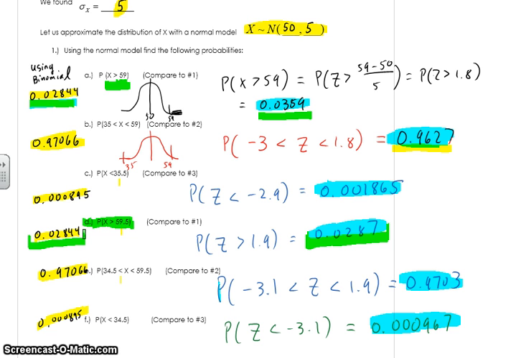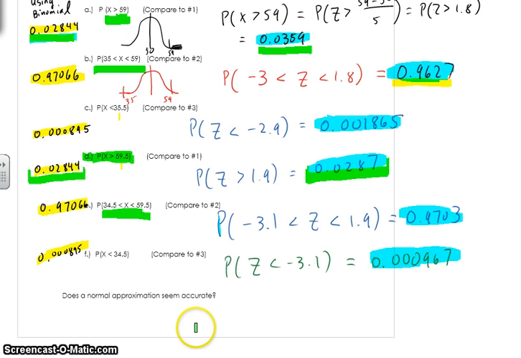We're awfully darn close. Same thing, when we do a continuity correction to find between 35 and 59, we get awfully darn close to 97.06% and 97.03%. This one is 0.000895. This one's 0.000967. Awfully darn close.